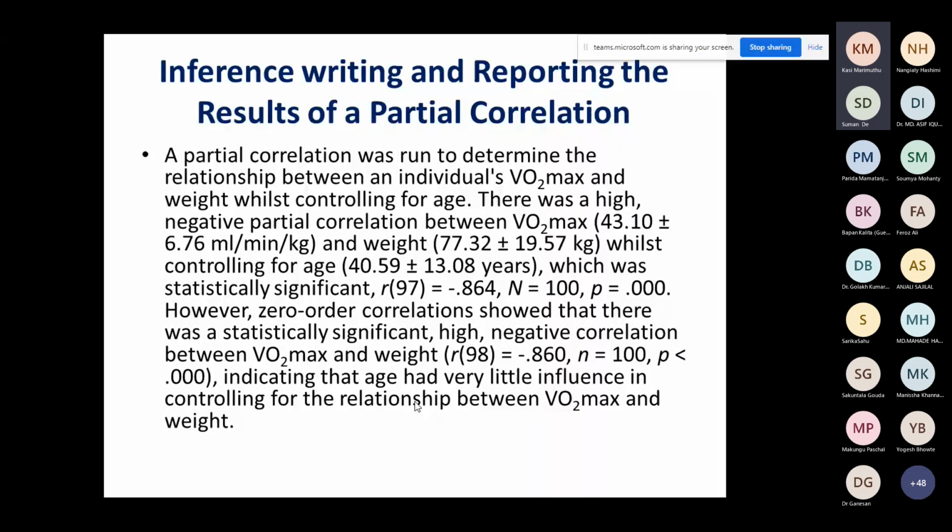Agreed? Scientifically, is that fine? We need to capture the numeric statistical inference also in your writing. We should not write only that the results show there is a significant relationship.